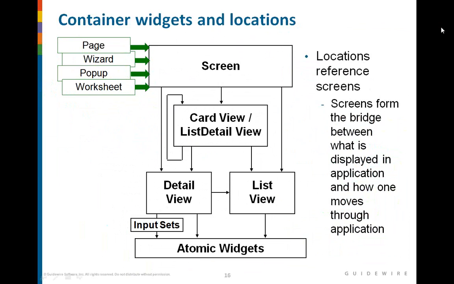So it can be a wizard. You know, right? A FNOL wizard is a kind of location element. It can reference a screen, and that screen will have all the input elements. So screens form the bridge between what is displayed in the application and how a user can navigate to that screen.